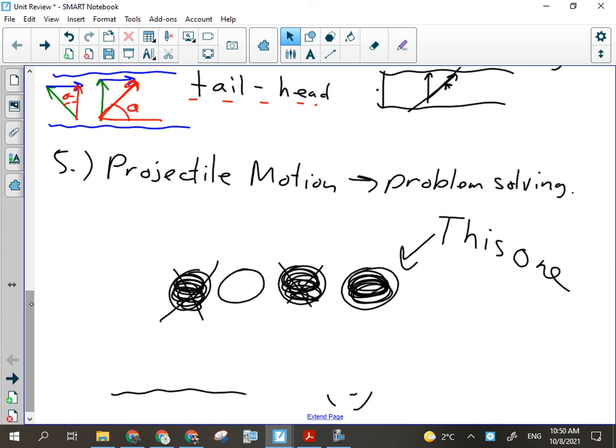Okay, the specifics are, there are 17 multiple choice questions. In the multiple choice, I will be asking about the following things. Scalar versus vector quantities.